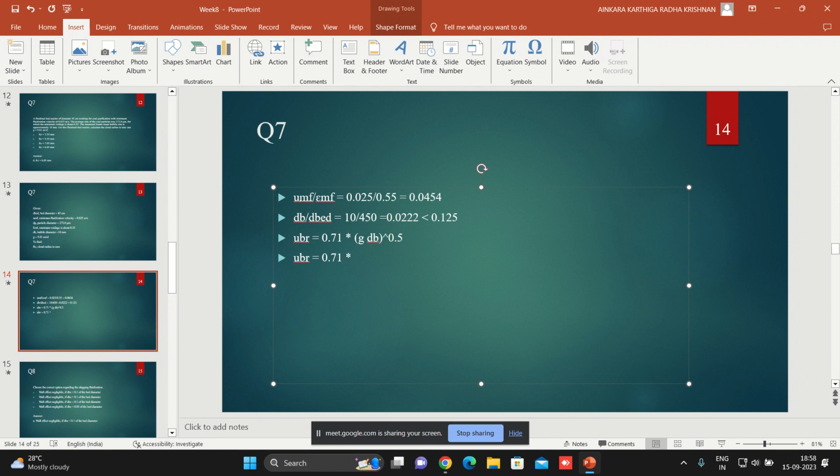That is 0.71 into (9810 into 10) power 0.5, which is 0.71 into 313.2091.